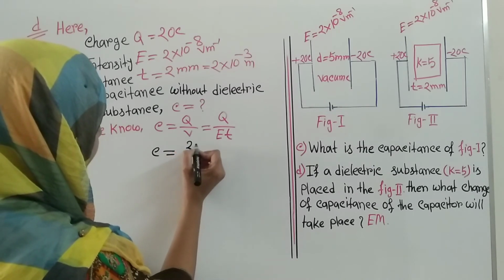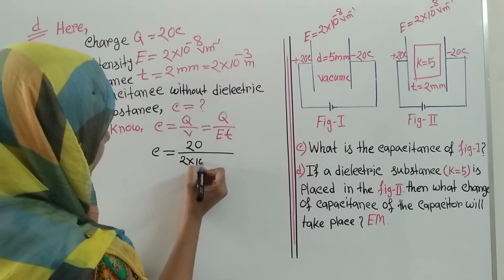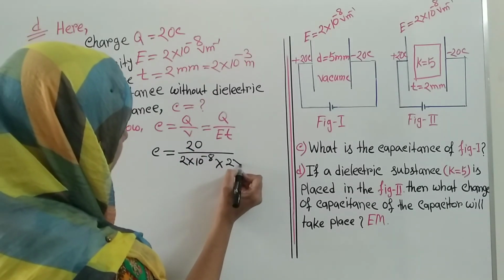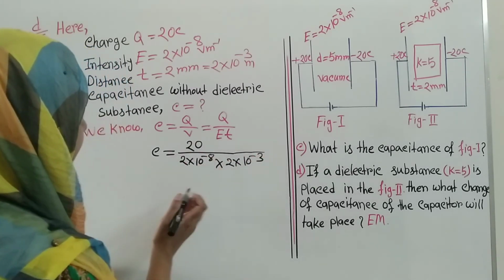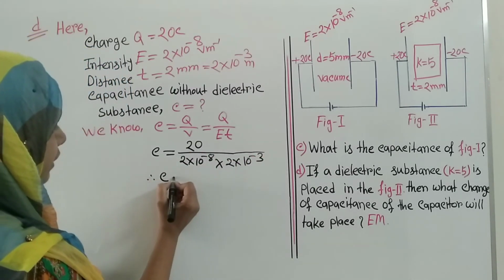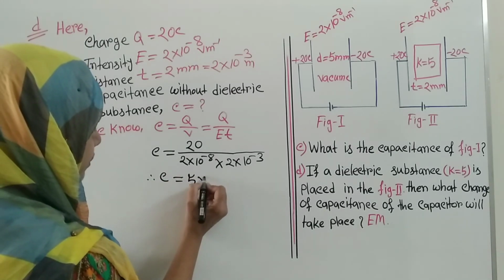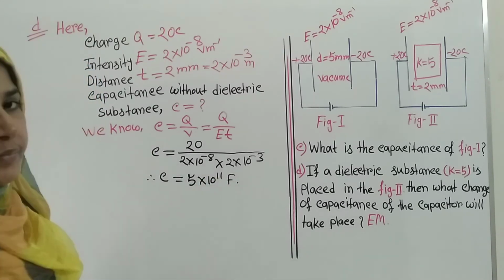Here the value of Q is 20, the value of E is 2 into 10 inverse 8, and the value of T is 2 into 10 inverse 3. So after calculating it, you will get the value of capacitance is 5 into 10 to the power 11 farad.